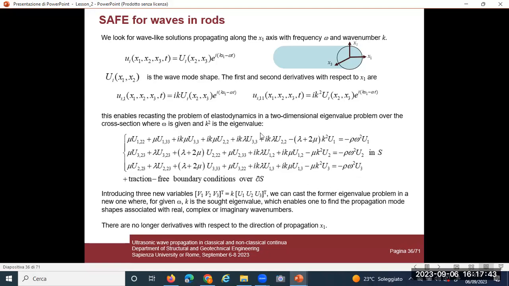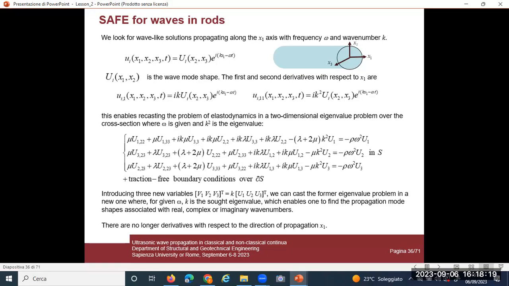And then you've got these equations, where the situation is not very easy, because you've got both k and k squared, plus omega squared. So you can do two things. You can consider k as an eigenvalue or omega as an eigenvalue. Each of the two approaches has its own advantages and disadvantages.